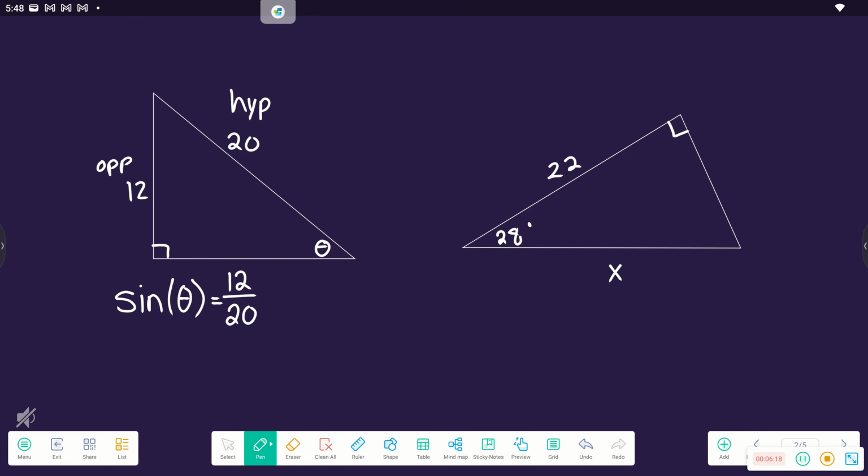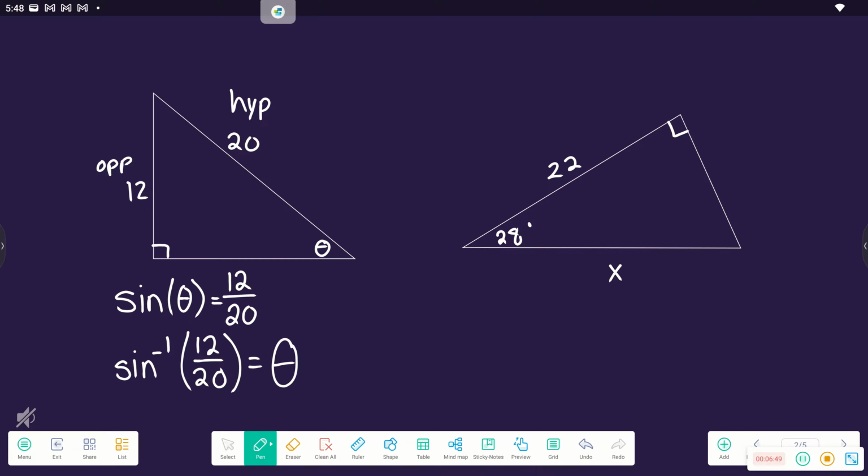Now to solve for theta, we are going to use the opposite of sine, which is the inverse. So I'm going to do the sine inverse of my fraction, 12 over 20, and that will give me my value of theta.